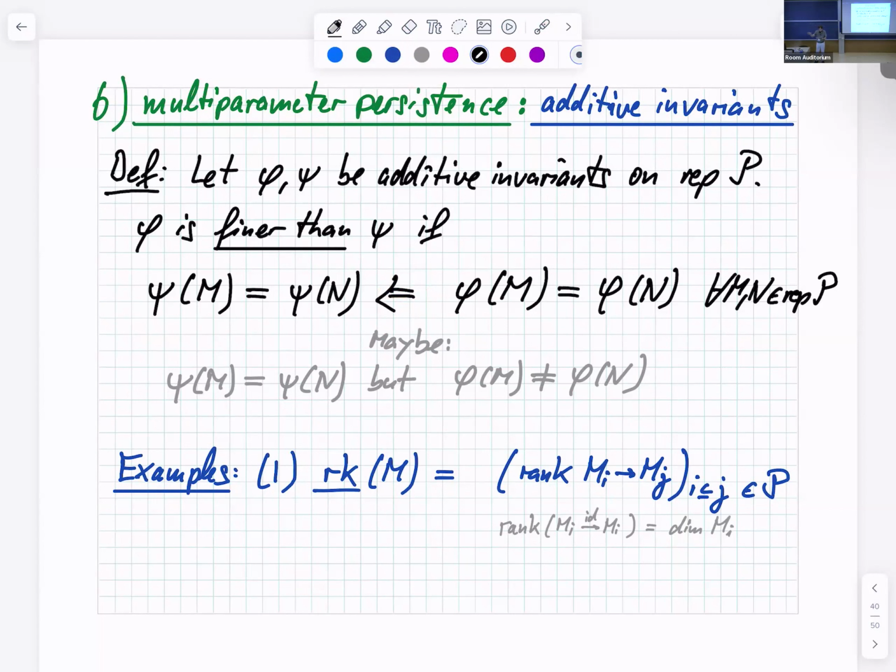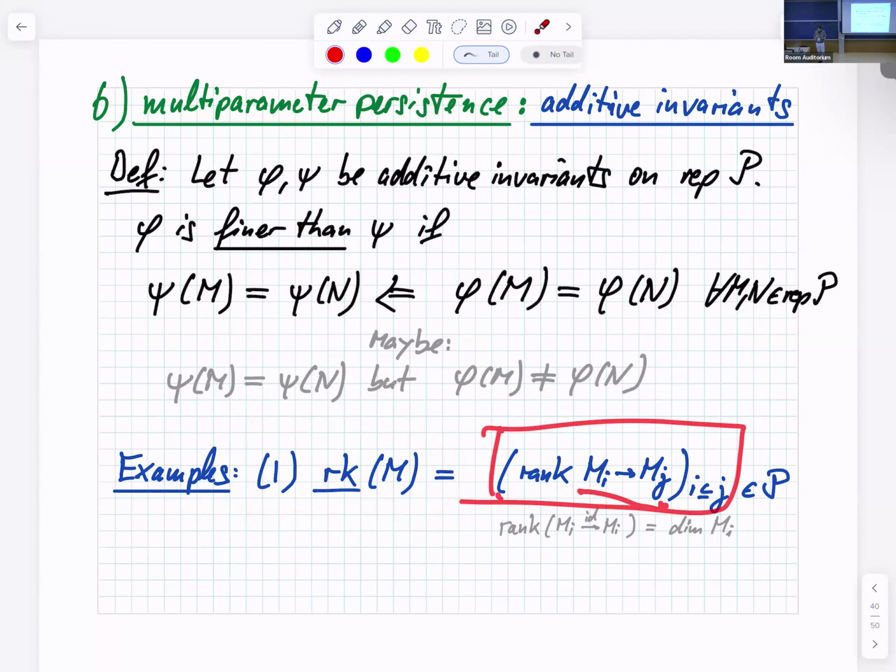Let's see what happens in the example, okay? Good. So let's introduce another invariant and then let's compare them. Okay, good. So let me introduce the rank invariant. The rank invariant is the invariant that I get when I measure the rank of the function that I get between any two comparable elements.